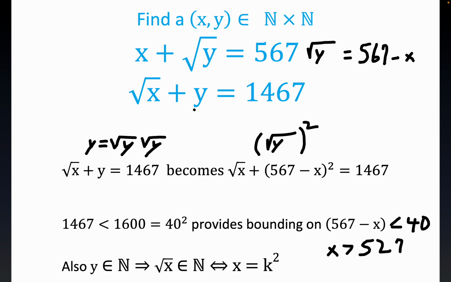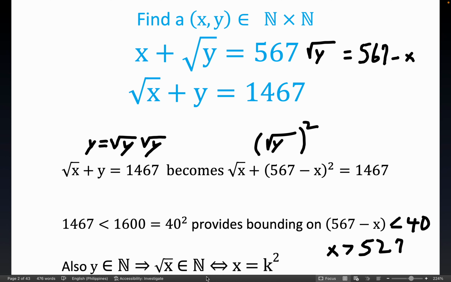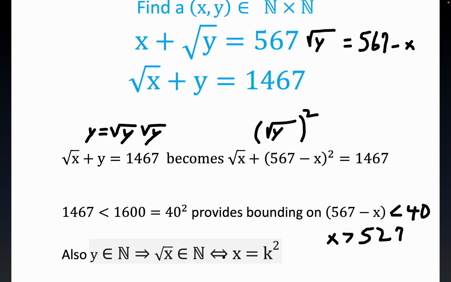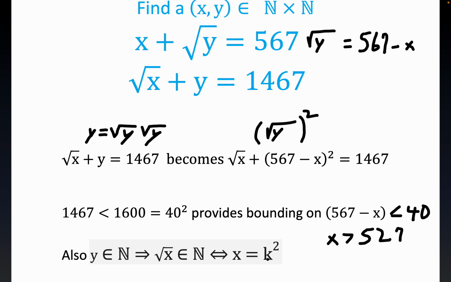Now, y being a natural number forces the square root of x to be a natural number because they have to sum to a natural number, which is what all this says right here, right? And so if the square root of x is a natural number, x has to be equal to some natural number squared, k squared, where k is another natural number. So we're looking for a natural number squared that is greater than 527, folks.